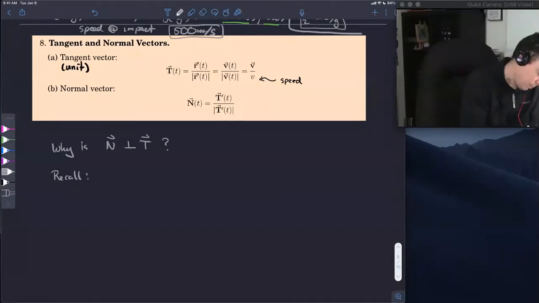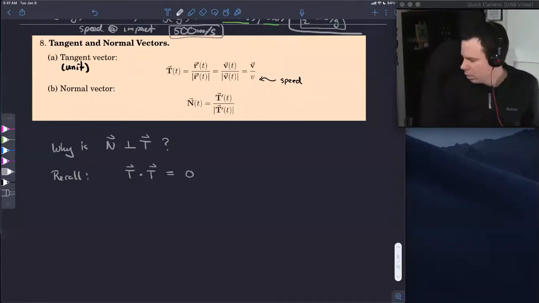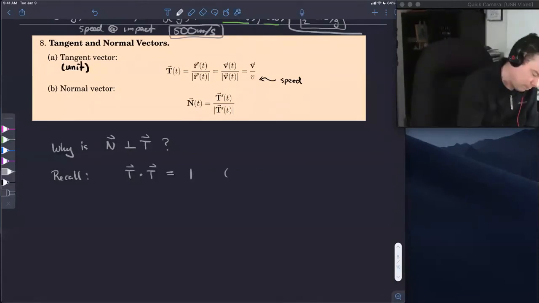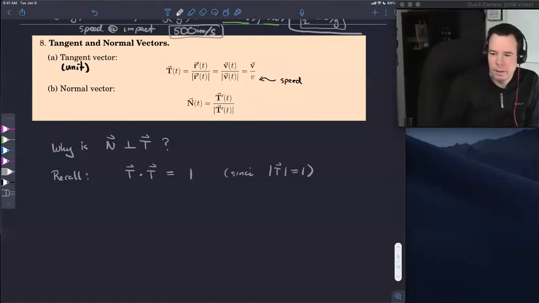Recall that the dot product of t with itself is, sorry, not 0, I'm getting ahead of myself, is 1. Why is it 1? Because t is a unit vector, since the magnitude of t is 1. And so we've got that the dot product of t with itself is 1.